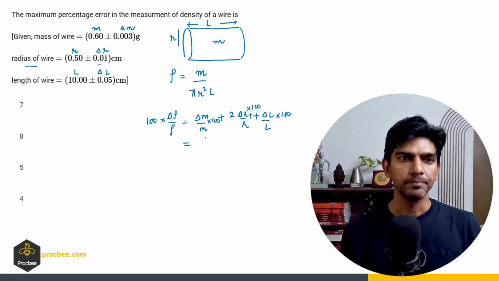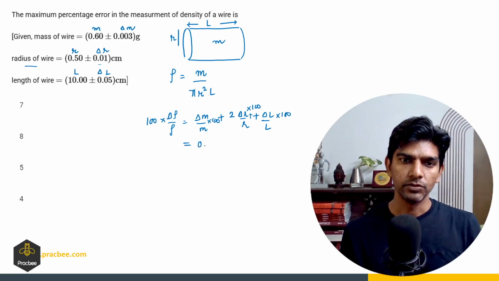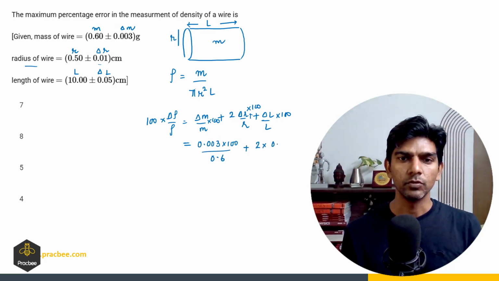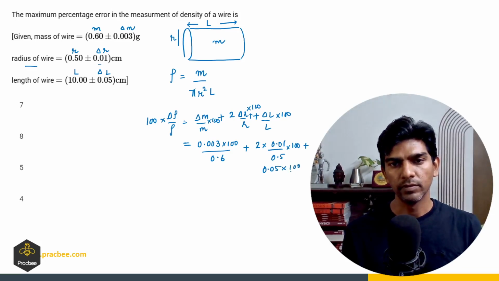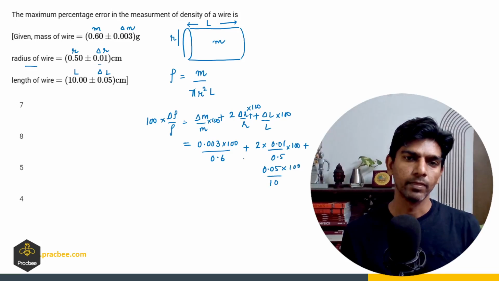So it will be 0.003 times 100 divided by 0.6, plus 2 times 0.01 divided by 0.5 times 100, plus 0.05 times 100 divided by 10.